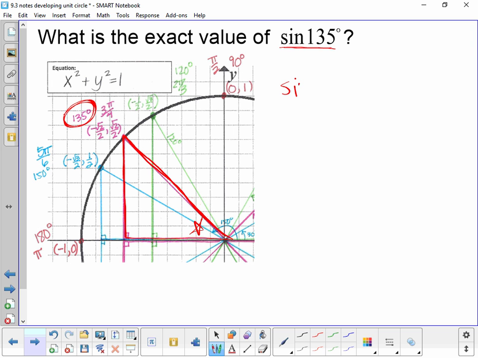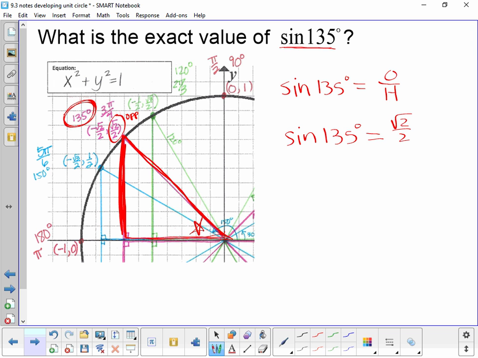So the sine of an angle is the opposite over the hypotenuse. In this case, from the perspective of my reference angle by the origin, the opposite side is how far up it went. So that's the y coordinate, root 2 over 2 in this case.